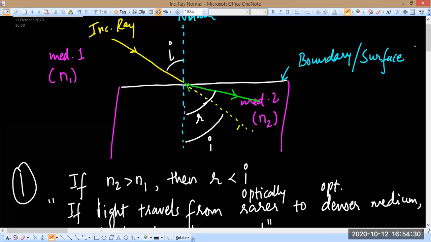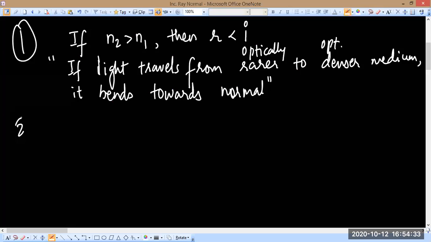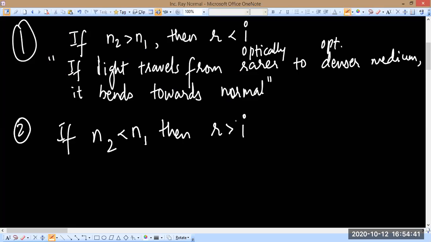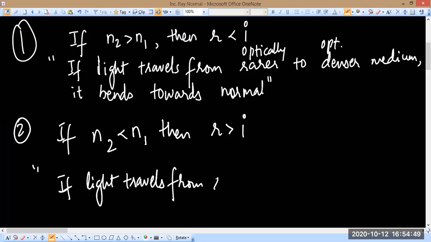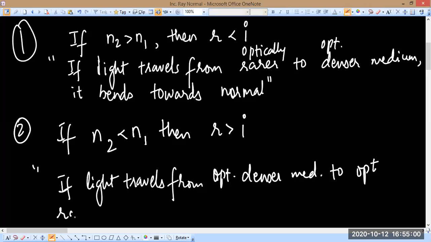So then you would have R is greater than I. So write, if n2 is less than n1, then R is greater than I. So we say that if light travels from optically denser medium to optically rarer medium, it bends away from normal.